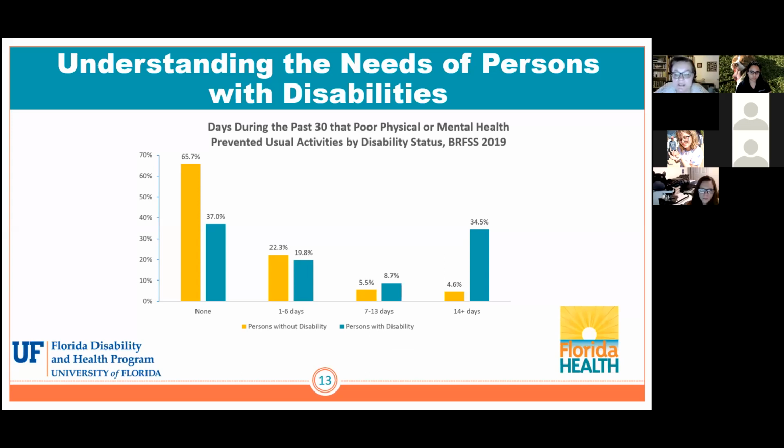When we look at the opposite end of the scale at 14 or more days, about 34.5% reported 14 or more days, so 2 weeks out of the month or more, where they were unable to engage in usual activities, compared to less than 5% of people without disabilities. So as you can see here, there's some pretty significant disparities going on for people with disabilities.